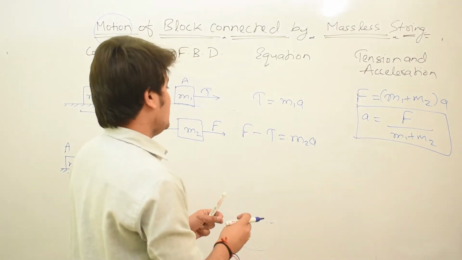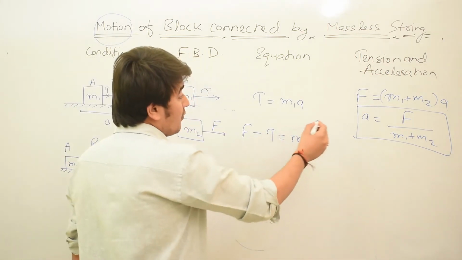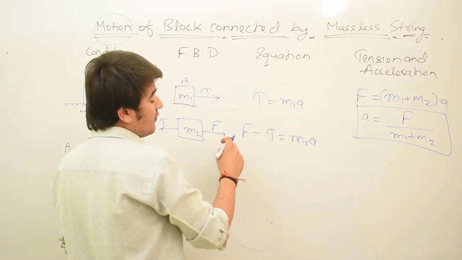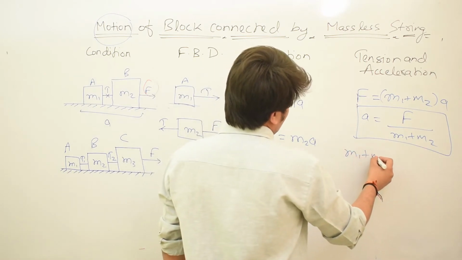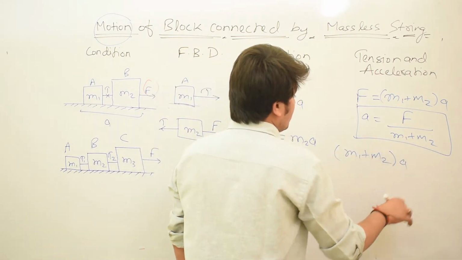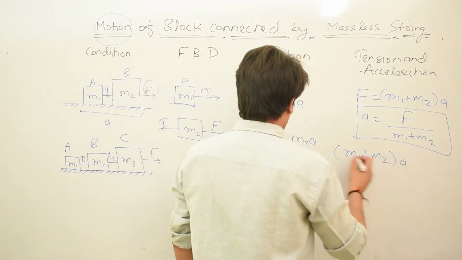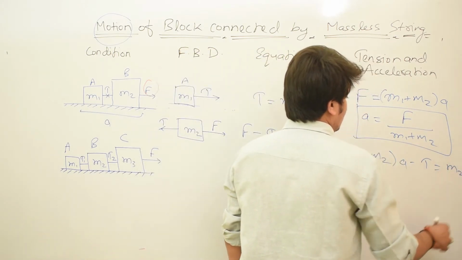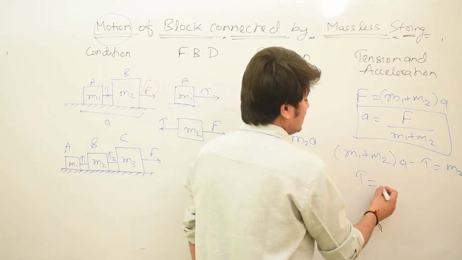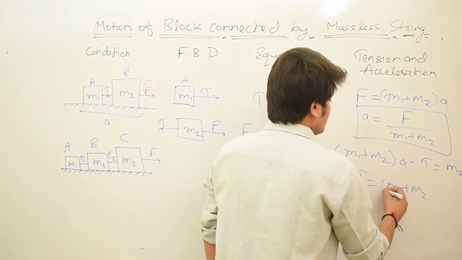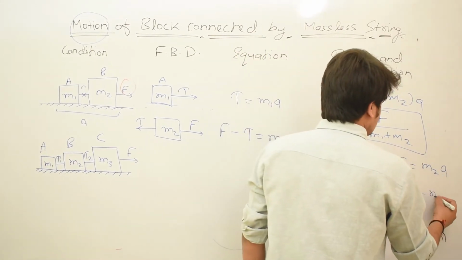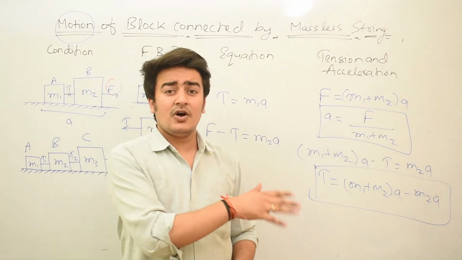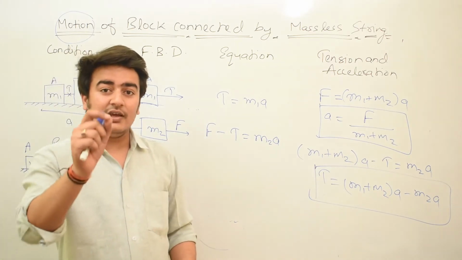The force applied will be equal to (m1 plus m2) multiplied by A, minus tension T, which will be equal to m2 A. So the value of tension will be (m1 plus m2) multiplied by A minus m2 A. This is how we can calculate the value of tension if acceleration is given.